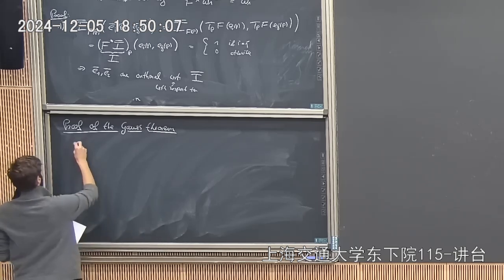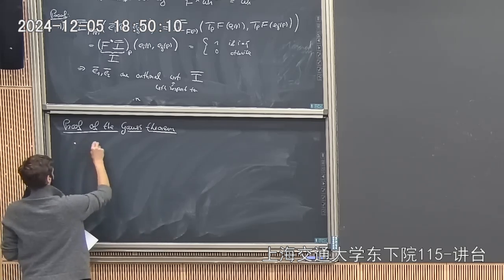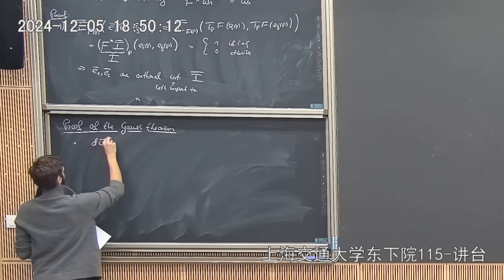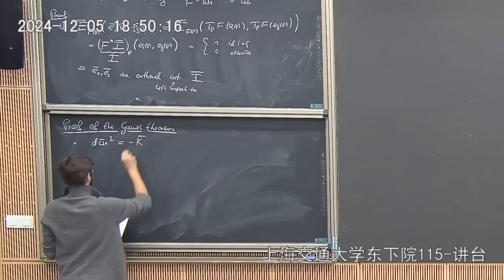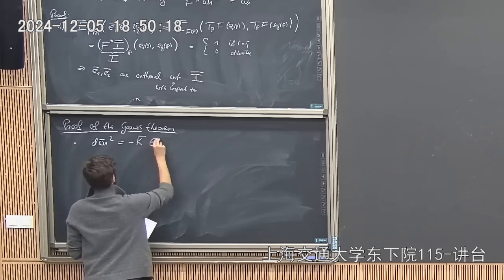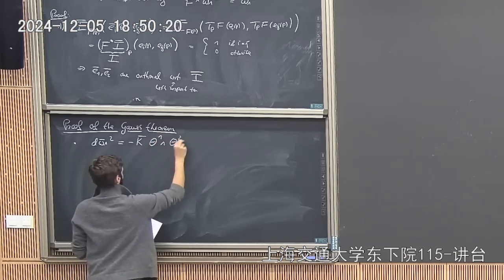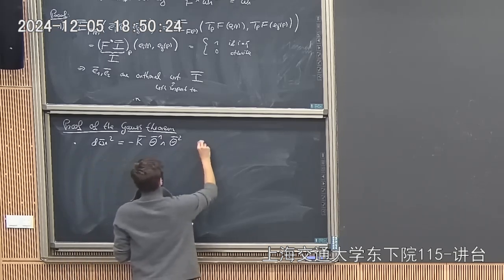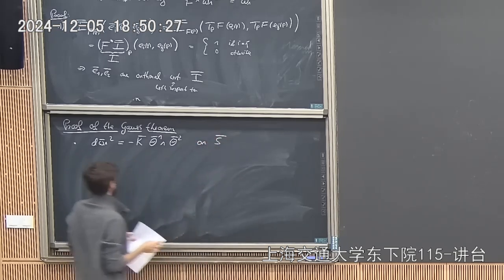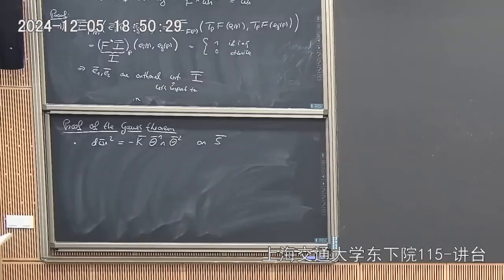So the starting point is the following equation, namely the one that defines the Gauss curvature on S bar.